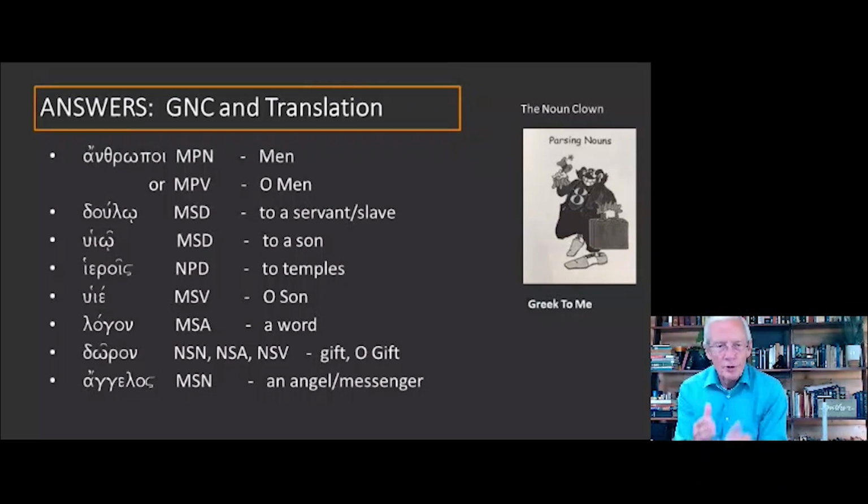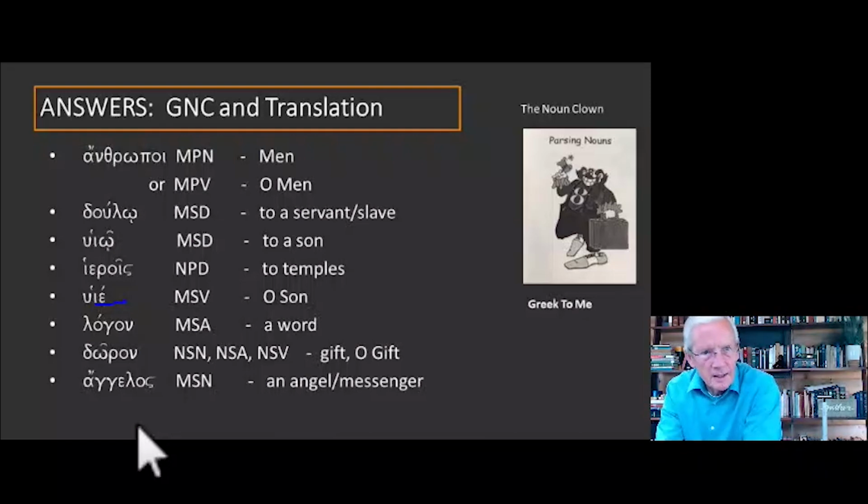That's a neuter noun. So the ending here is neuter plural dative, to temples. The next one, huie, comes from huios. That's a masculine word. And that ending e, right here, is the masculine singular vocative, O son.